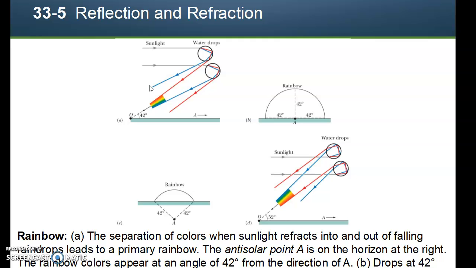So two refractions and a reflection take place there. And because we know that blue is changed more than red, we get a change in where the colors are going to appear down below. So if you look at it at a 42-degree angle, that's the angle at which they appear.